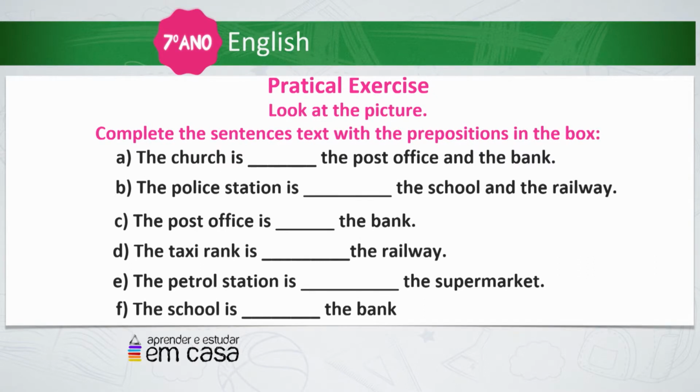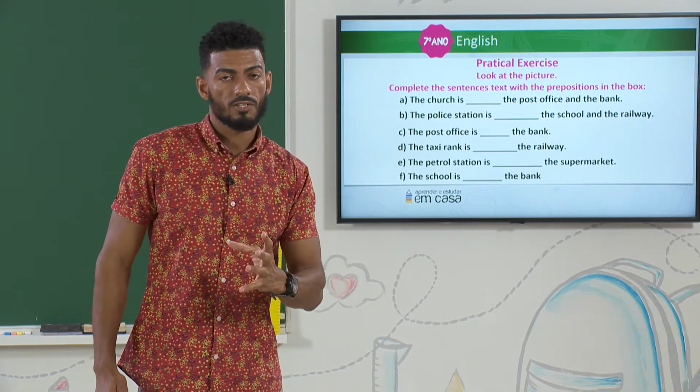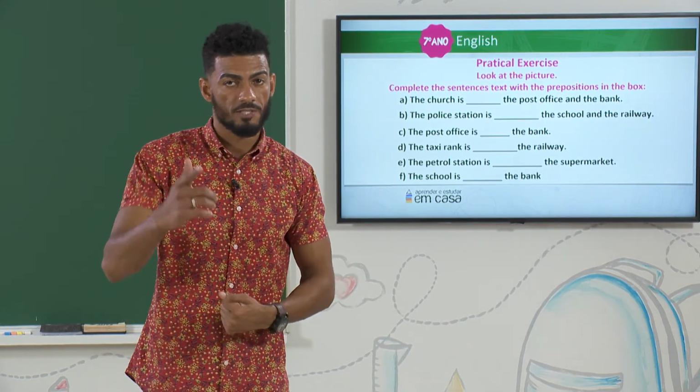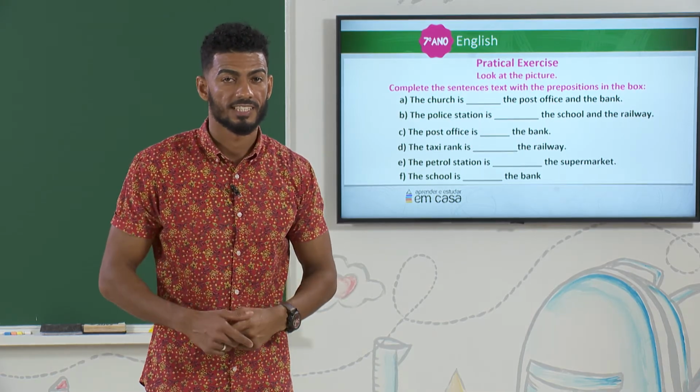D. The taxi rank is the highway. E. The petrol station is the supermarket. F. The school is the bank. So, take your time and do your exercise. I'll be right back. See you soon.